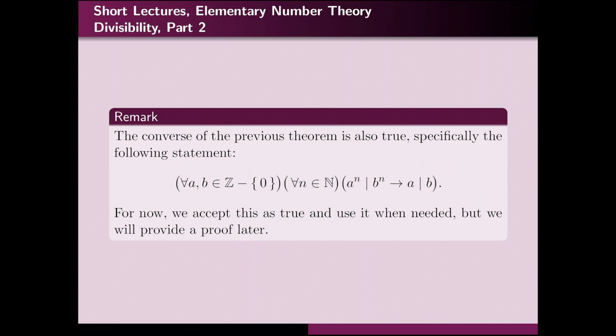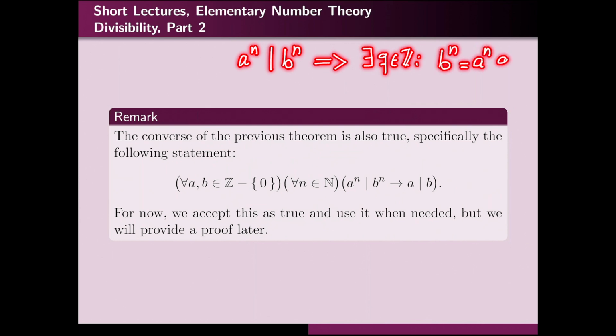But I just want to tell you that the proof is not just using the definition, because if I just want to use the definition, the assumption that a to the nth divides b to the nth allows me to conclude the existence of a q in Z such that the number on the right is equal to the number on the left multiplied by q.